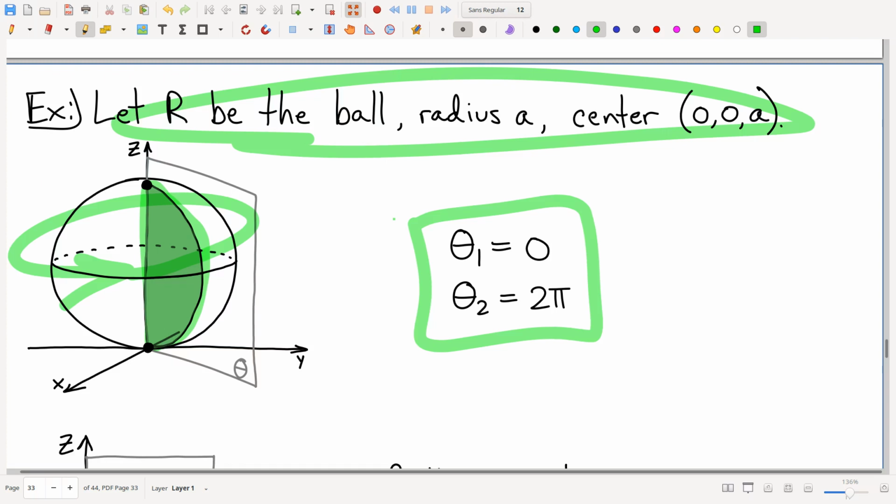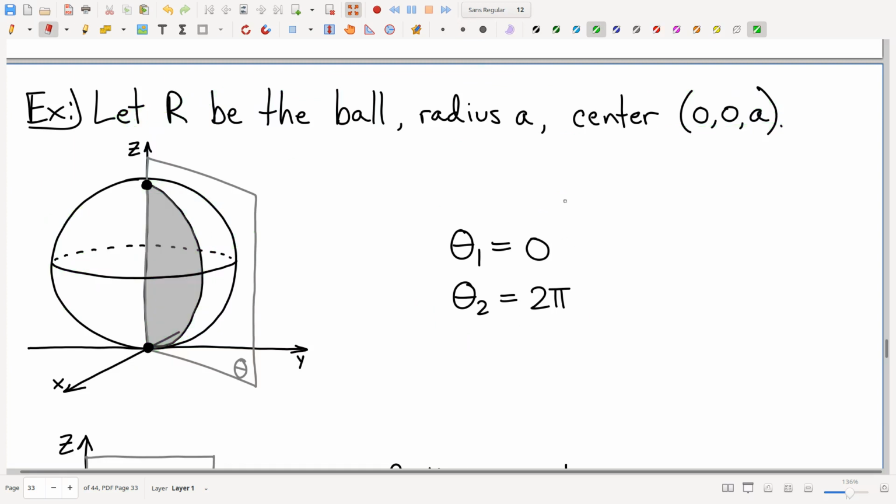Okay, now I have a kind of a personal hack that I like. I find this very helpful. Looking at this cross section made by this plane, we have a kind of a weird perspective problem.